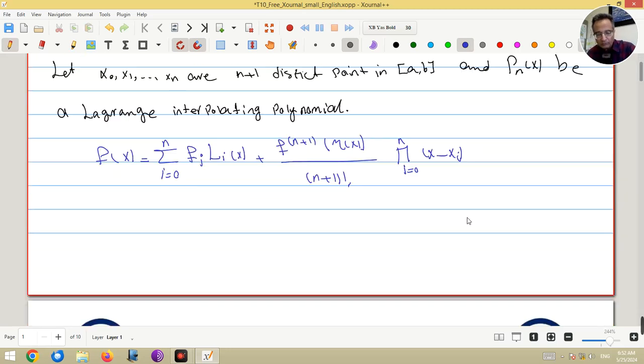And also we know that li of x is the Lagrange polynomial, where li of x is the Lagrange polynomial.